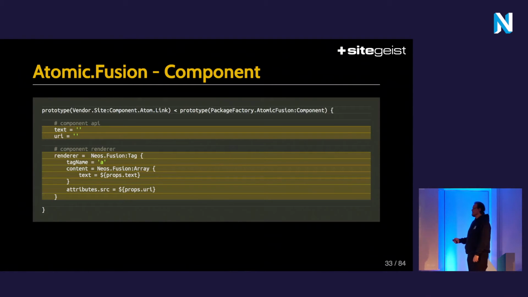What this thing does is it takes the component data, the component API up here, and puts it into a closed context called props. The renderer has access to this props context, and so you can use the data from above. Important is that the outside world does only care about what's in here. So this component is completely agnostic about what kind of data is coming in, so what the data source is. It could be a node, it could be some API data, it completely doesn't matter.